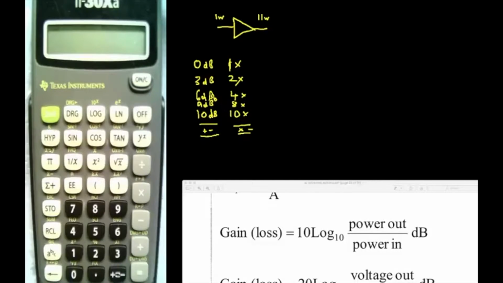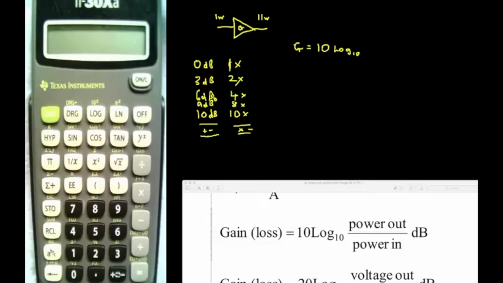So I can use the formula. I say the gain of this amplifier, I'm going to put a G in here for gain, is equal to 10 log to the base 10, and don't worry about it being to the base 10.